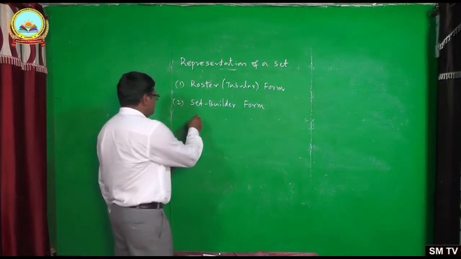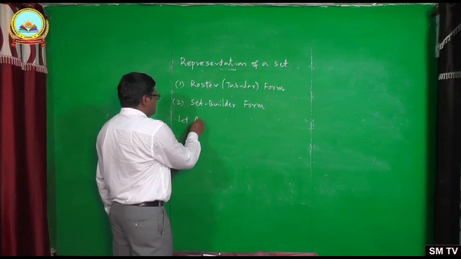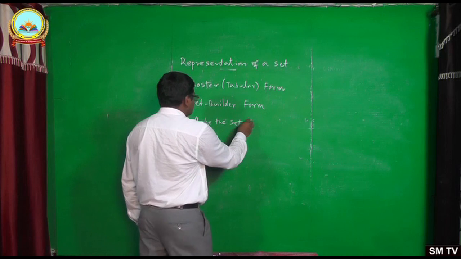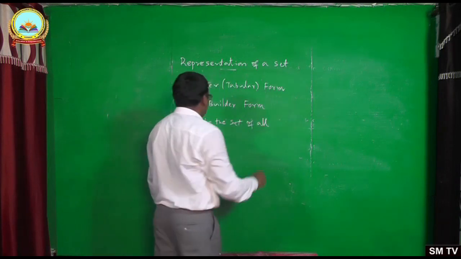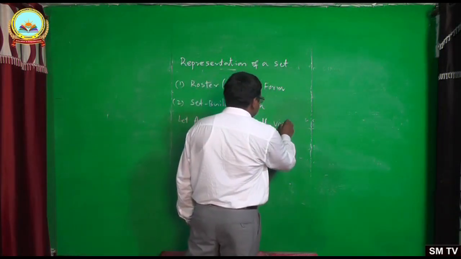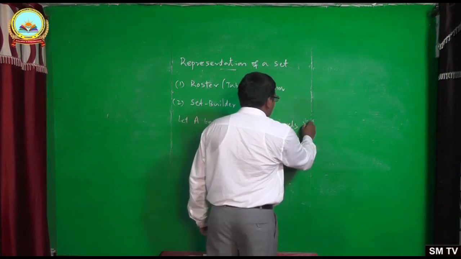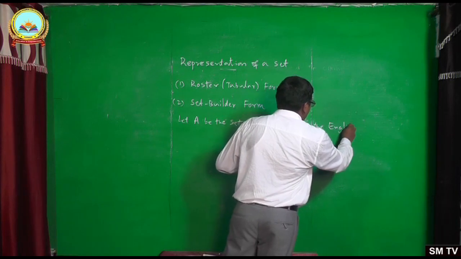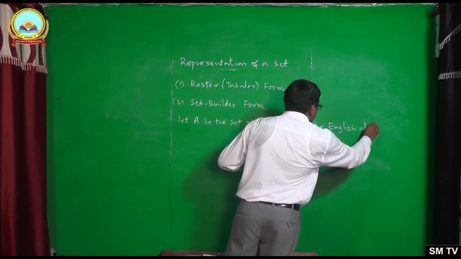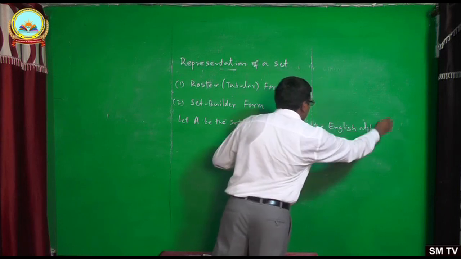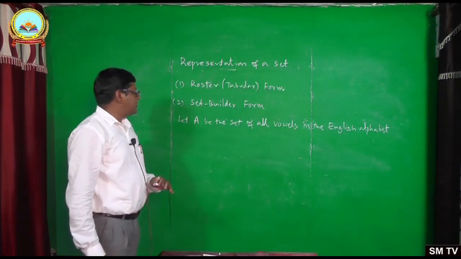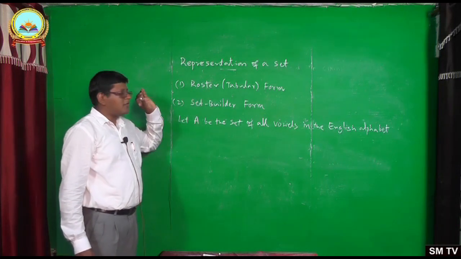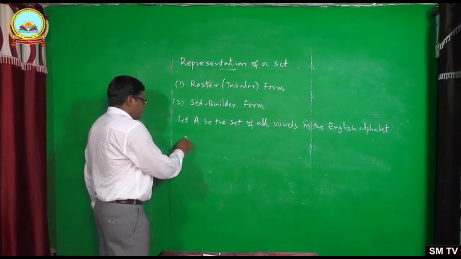For example, let A be the set of all vowels in the English alphabet. Now we are going to express the set A in roster form or in tabular form.